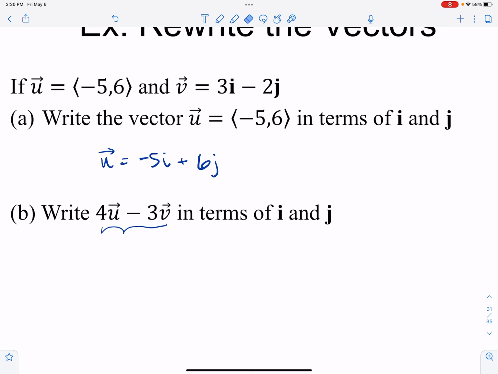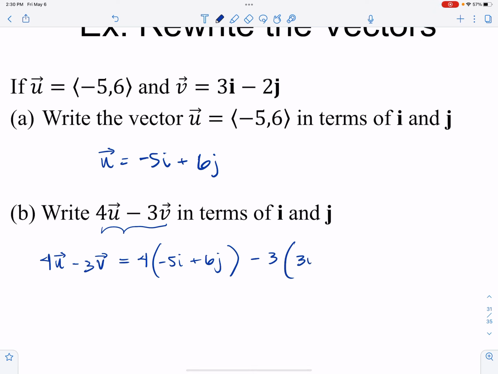So 4u minus 3v, well, we can think about u as being written as negative 5i plus 6j, minus 3 times vector v, which is 3i minus 2j.